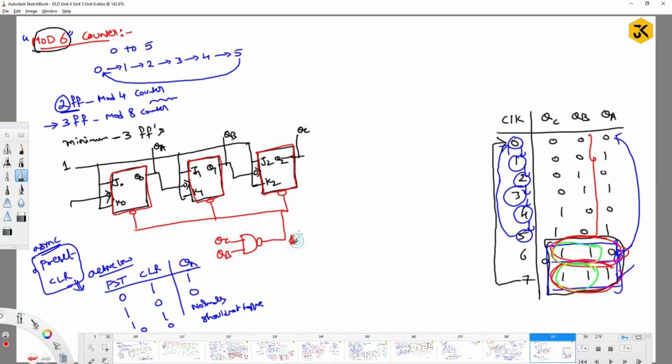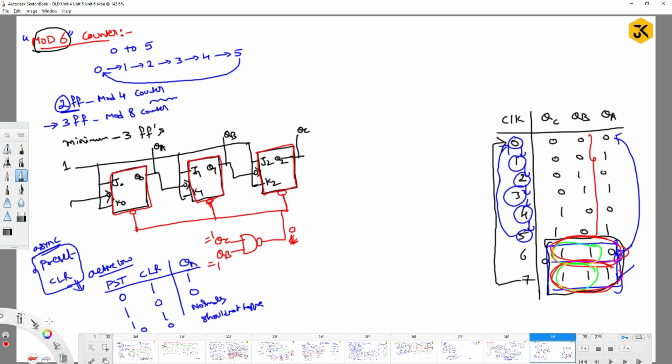But there is a special case: when QC value is 1 and QB value is 1, then only you are going to get the value as 0. At that time, these flip-flops are going to get the value as 0. So this is the way you can change it.